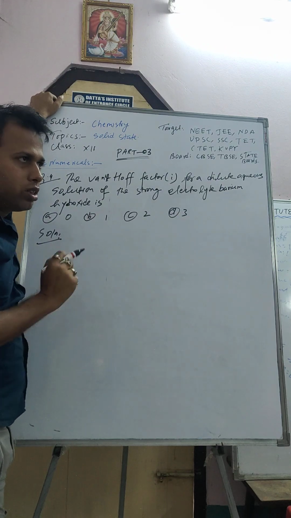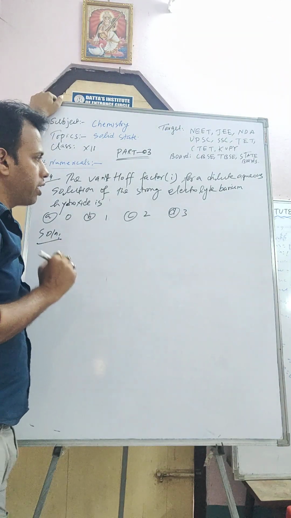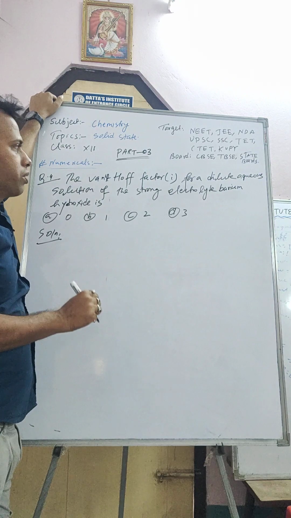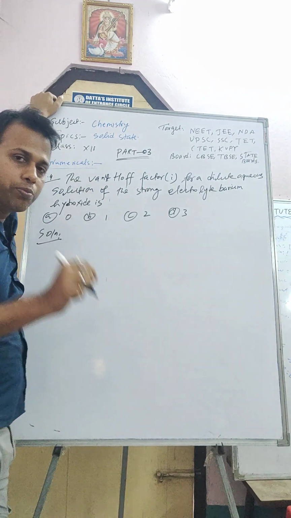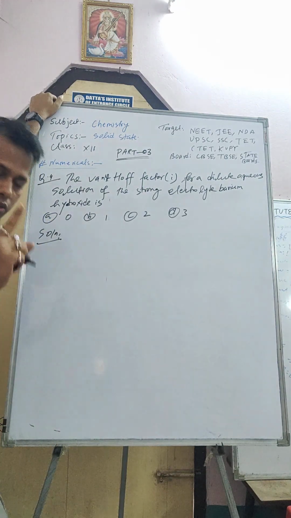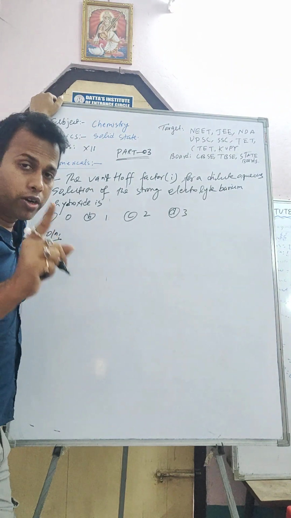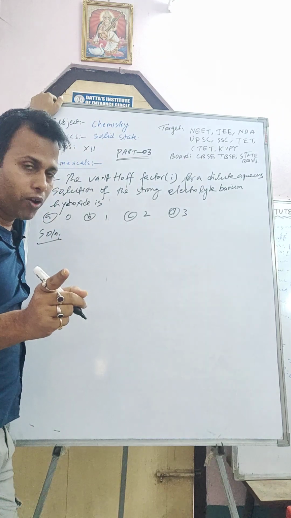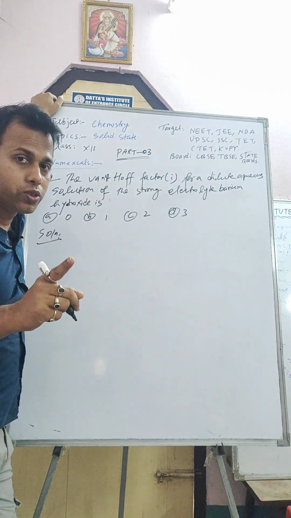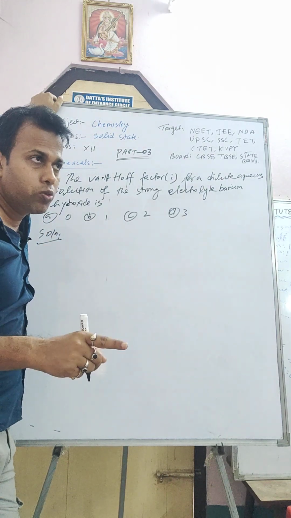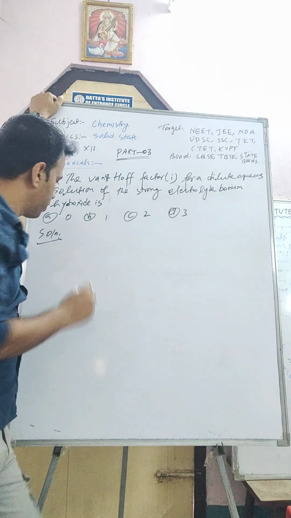We have to find out the value of i for a strong electrolyte. You have to remember this one. The formula of barium hydroxide is Ba(OH)2.